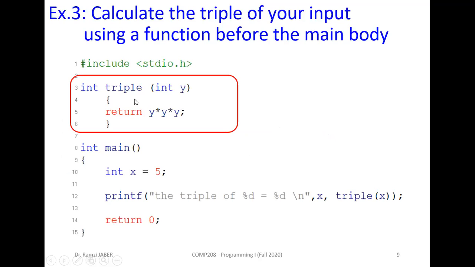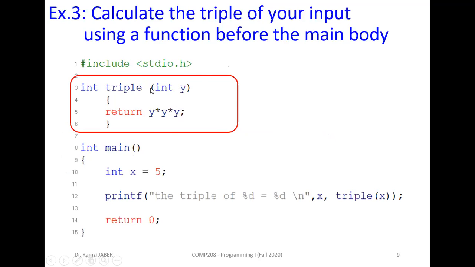As you can see, we write the function before int main. So after including standard input output .h, there is no need to include math.h. Math.h is only for built-in functions. For your customized functions, we don't need to include math.h. Okay, so only include standard input output .h.